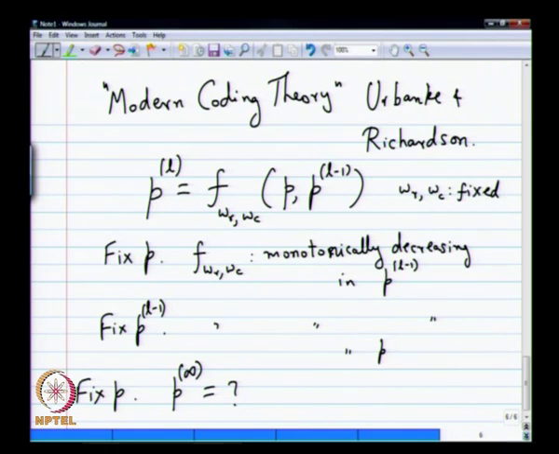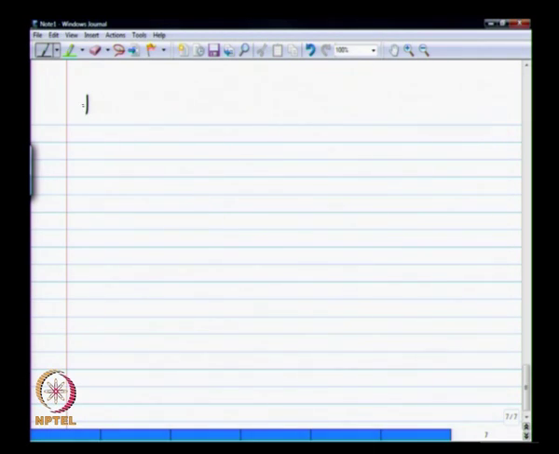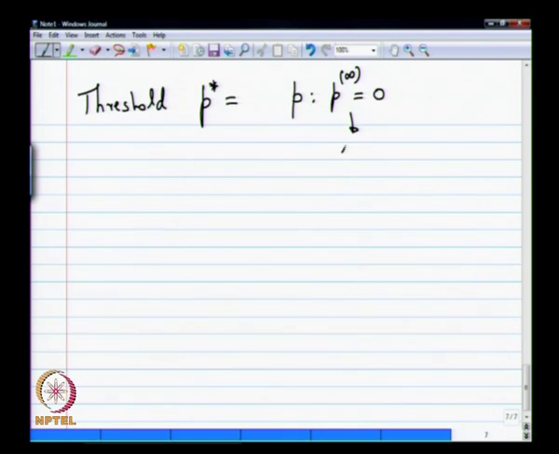So what you define as the threshold is the following: p star. You look at all those p's such that P infinity is equal to 0. The way I should write this down is the limit as L tending to infinity of P_L, rather than simply writing P infinity equal to 0.